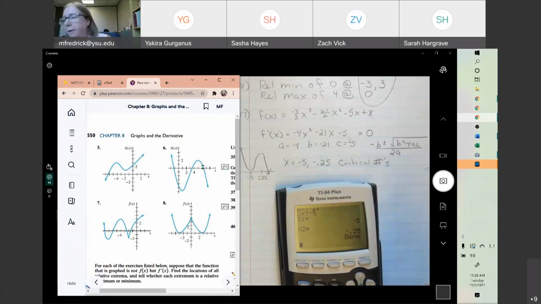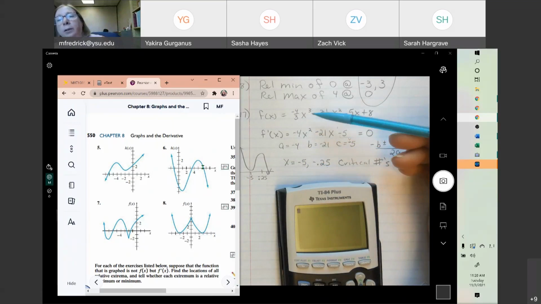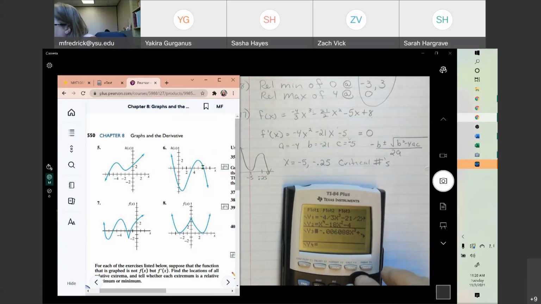To find the y values, you need to look where your derivative is and plug into the one before it. So we're plugging into this one. You can go under y equals, and I have these from yesterday. -4/3 x cubed minus 21/2 x squared minus 5x plus 8.